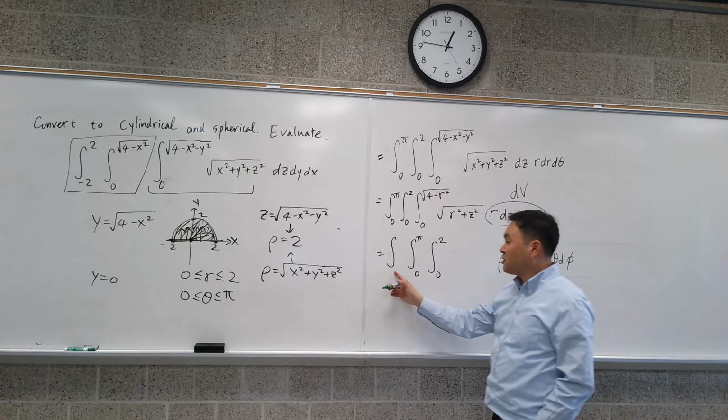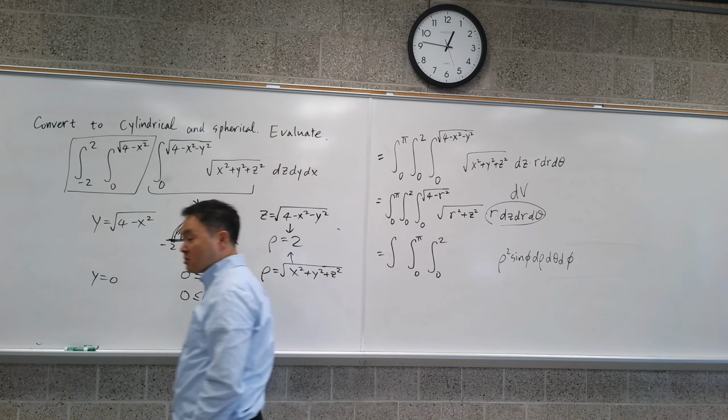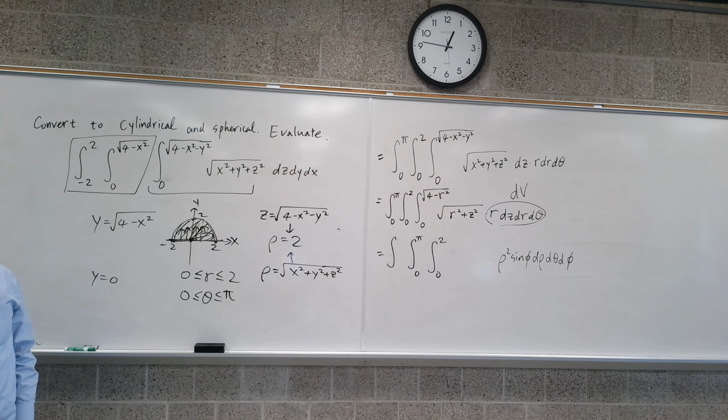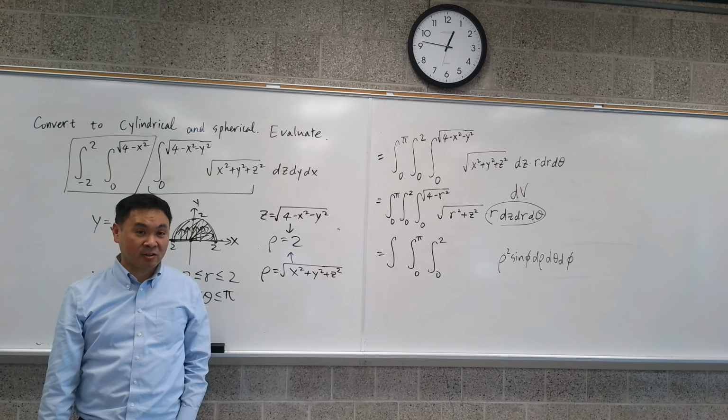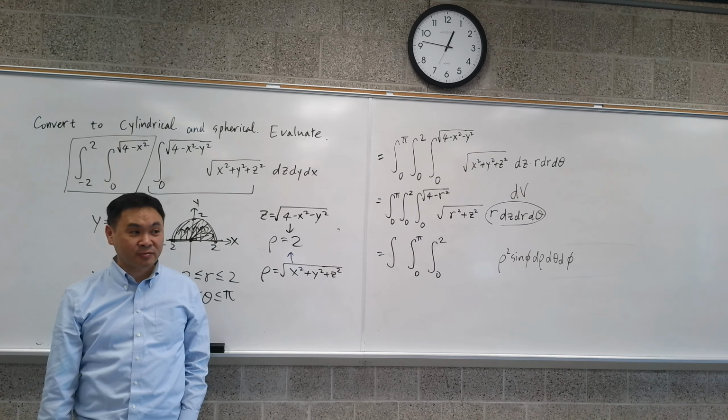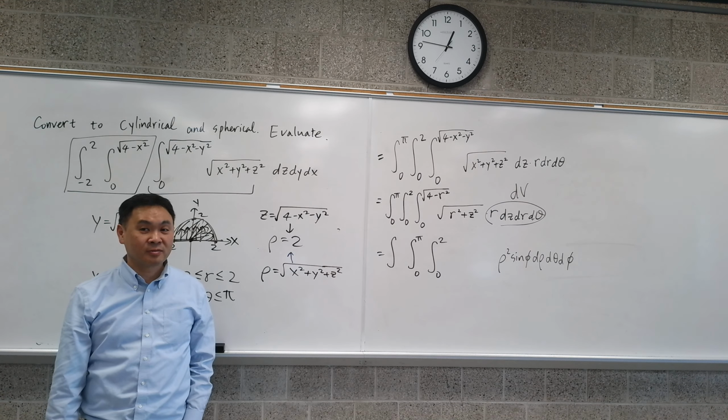And that means the only thing that you have to figure out is what happens to phi. Phi goes from where to where? So, do you have an idea? Phi goes from where to where? 0 to pi over 2.